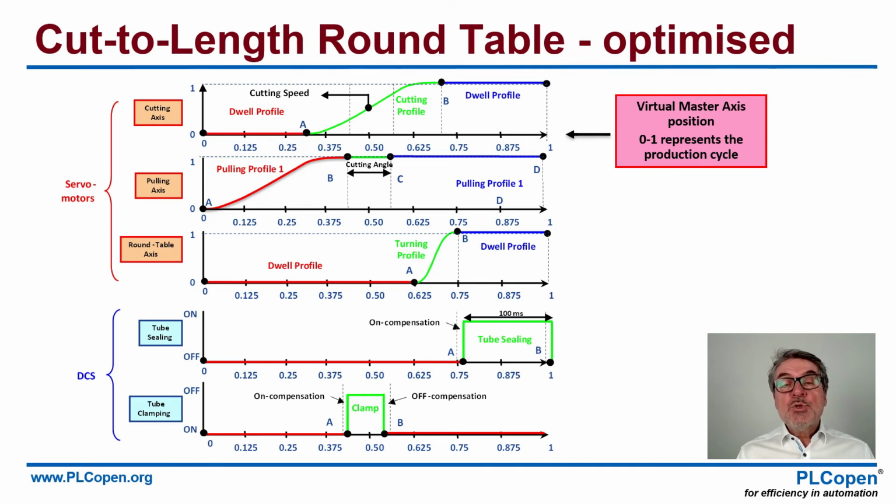And now you can tune with all these profiles to make sure that, from a timing perspective, you can optimize this. So master-slave relationship, but you see that we sometimes have smaller profiles, so you clamp only on a smaller section, or your tube sealing can be done in that sense.